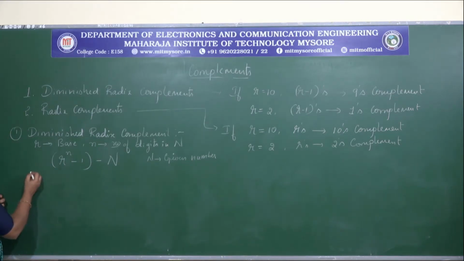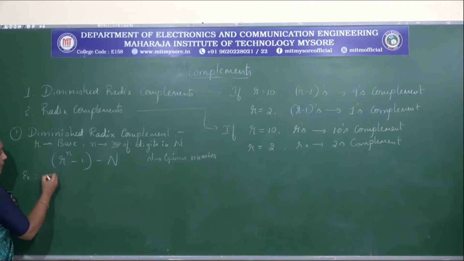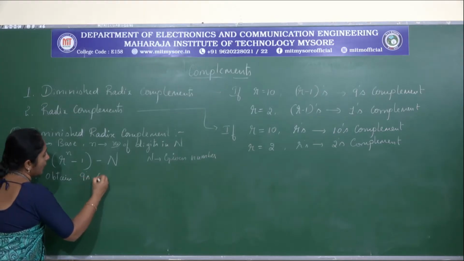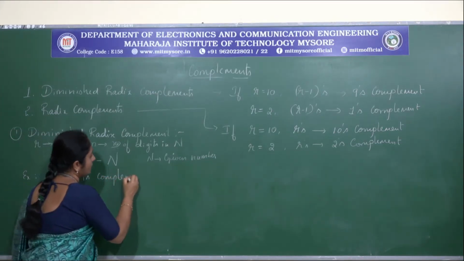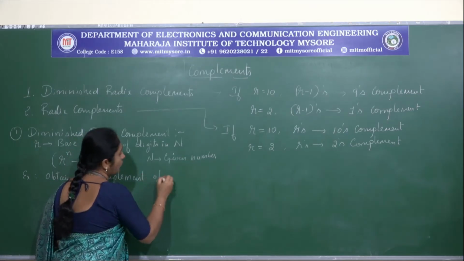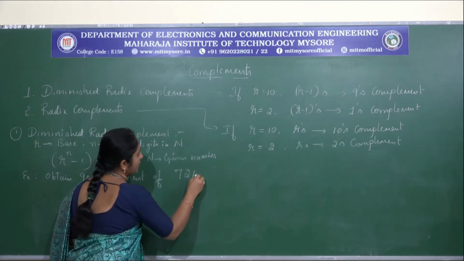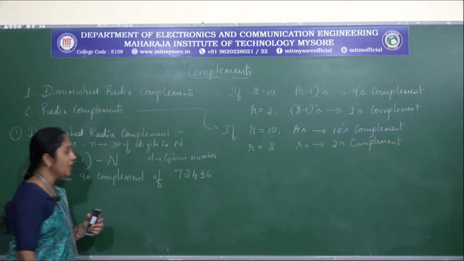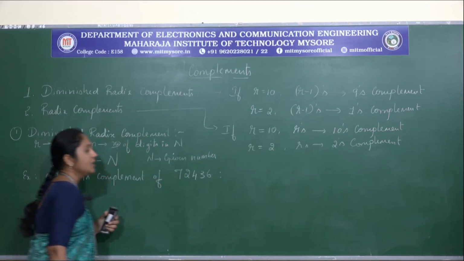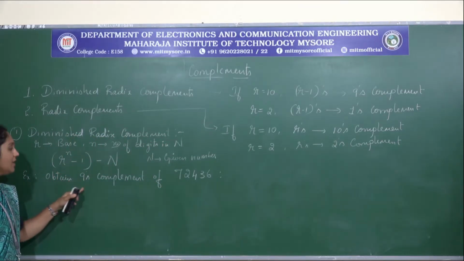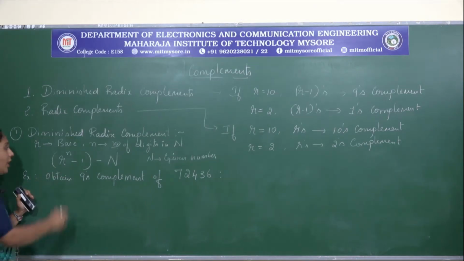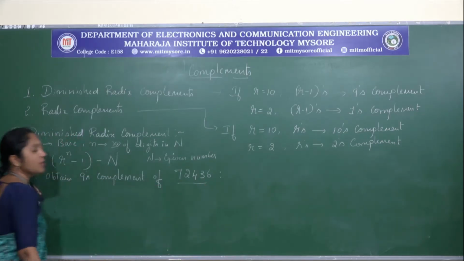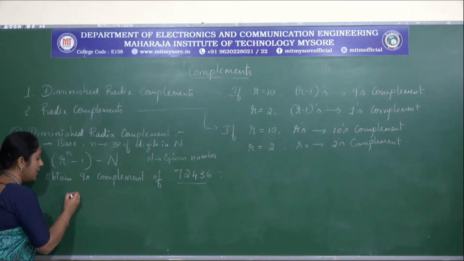Let us consider an example: obtain the 9's complement of a number. I have taken 72436. How do we obtain the 9's complement of a number? What is r here? Since the number is given in the decimal number system, the base r is 10.